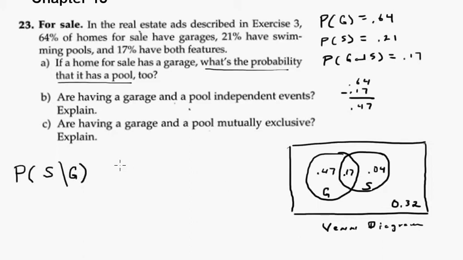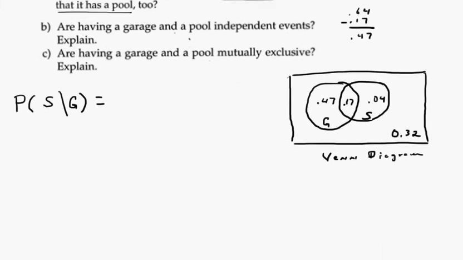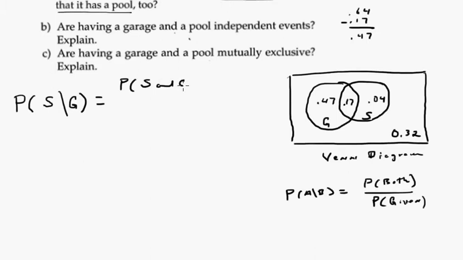Now we just have to remember our formula for conditional probability. The probability of A given B is equal to the probability of both divided by the probability of the given. So this would be the probability of both a swimming pool and a garage divided by the probability of a garage.